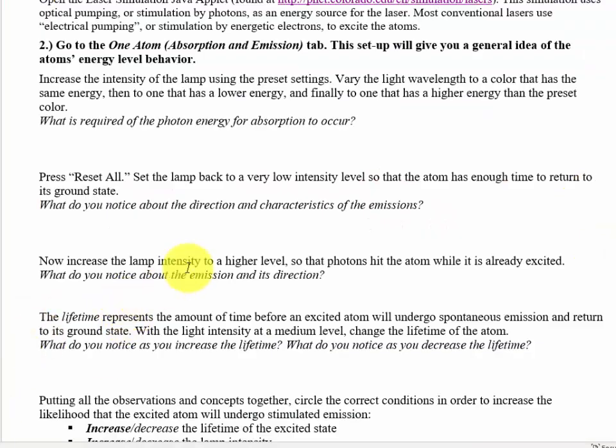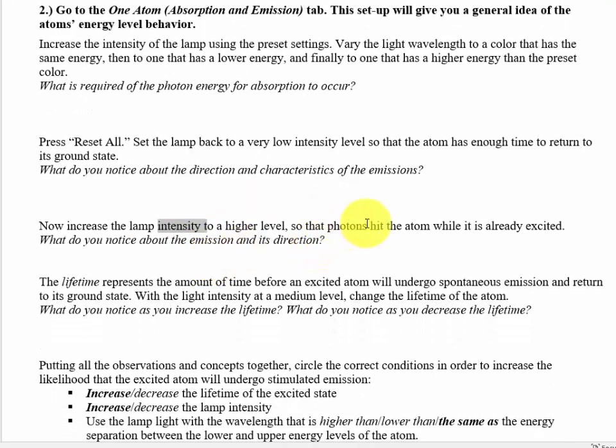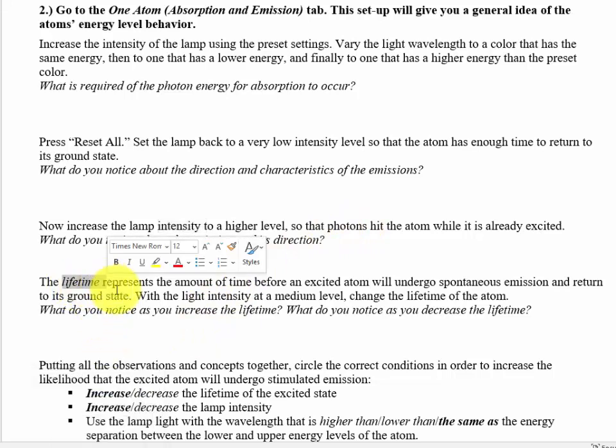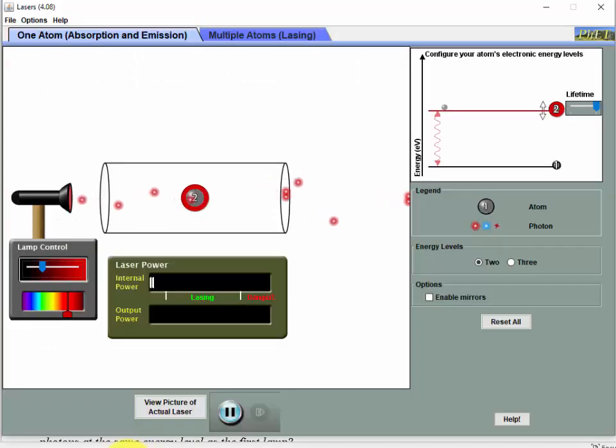Now we're going to increase the lamp intensity and try to hit the atom when it's already excited, and then we're going to mess around with the lifetime. We're going to increase and decrease the lifetime. So here you can see the atom's already excited, and the photons can't really stimulate this atom, so they just keep on going about their merry way. Now the lifetime is how long the atom is going to hold on to that electron in the excited state.